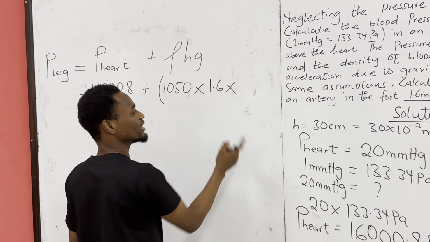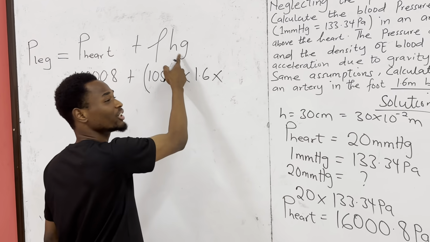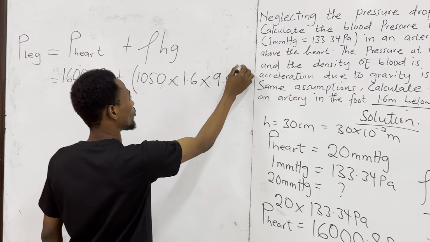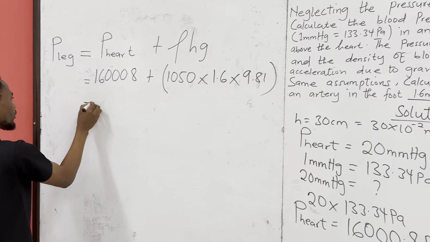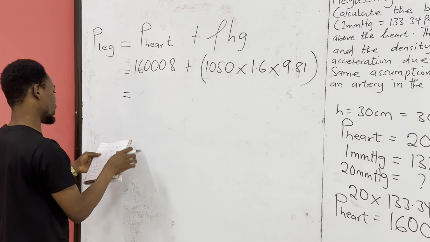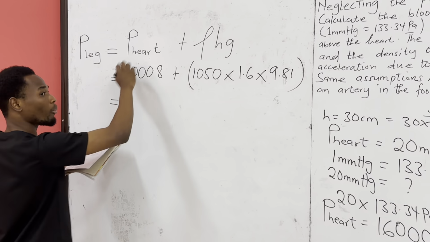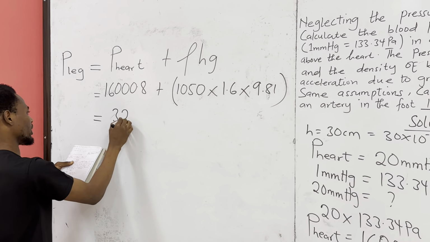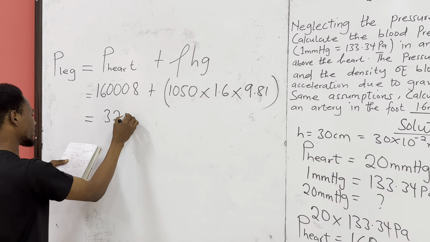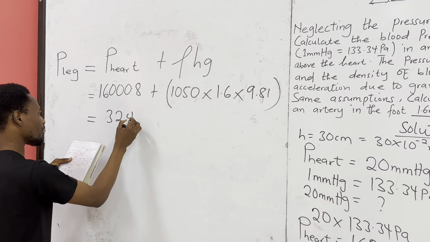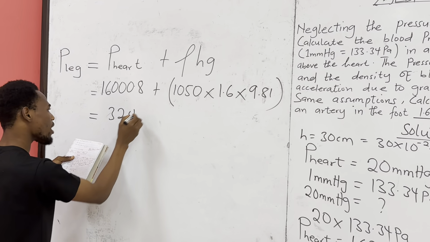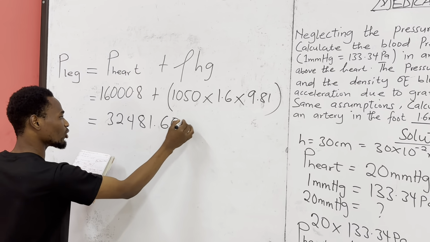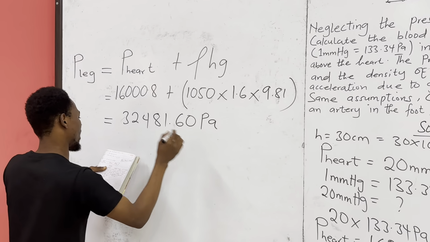Then times, sticking to the same assumption, gravity still holds, which is my 9.81. By the help of the calculator, when you compute this, you should be getting 32481.60 Pascal.